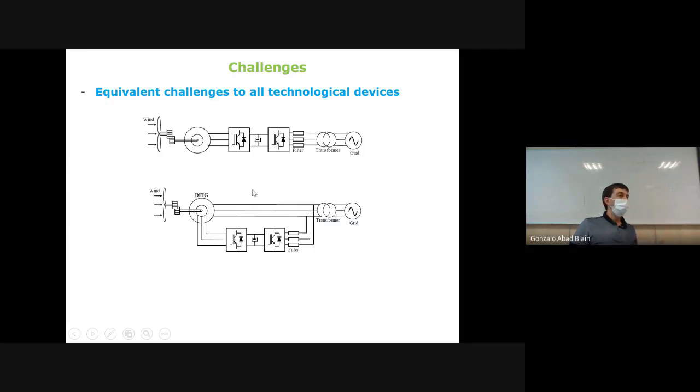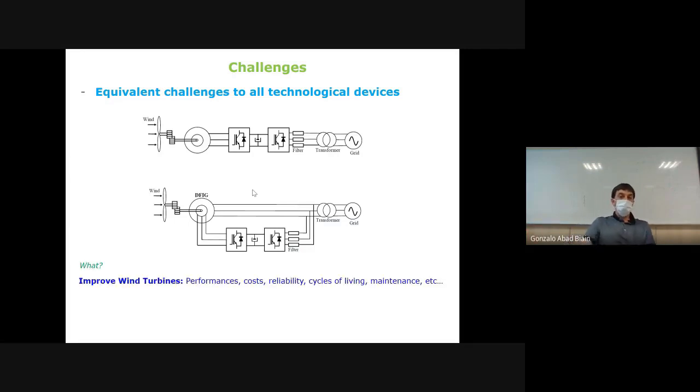So these are nowadays the more typical configurations. And apart from the challenges I have mentioned before, we still have all the challenges that all technologies have. Improve performance, reduce costs, very, very important.